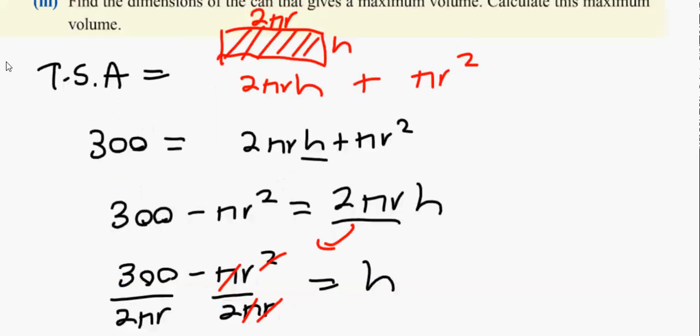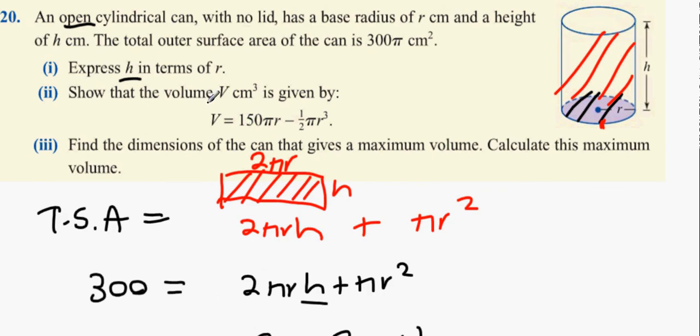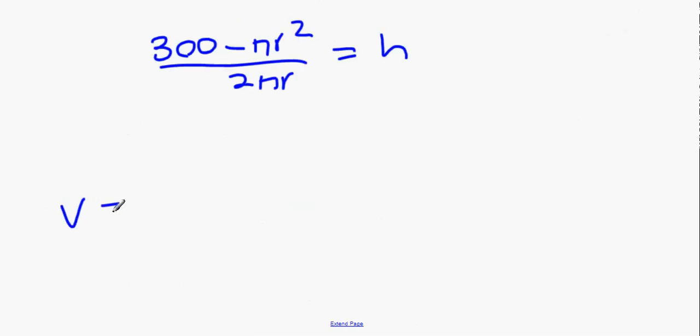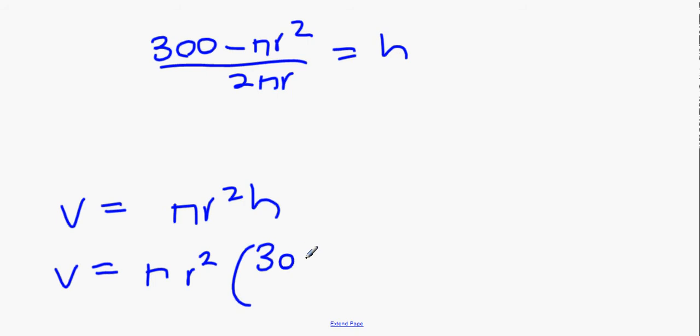Now we're looking for the volume. Show that the volume of a cylinder is pi r squared h, which is going to be pi r squared multiplied by 300 minus pi r squared all over 2 pi r.